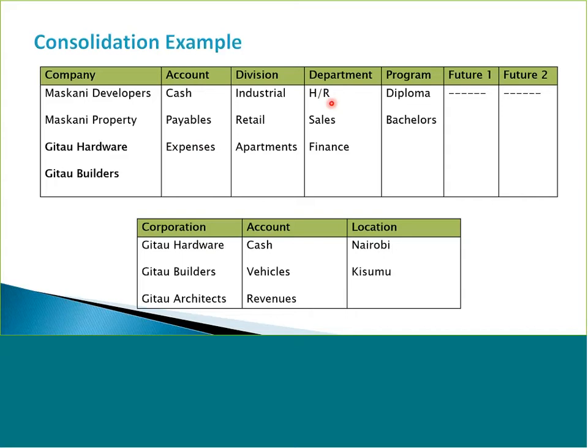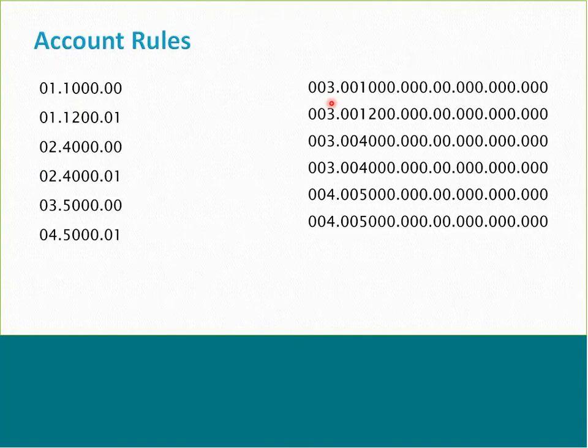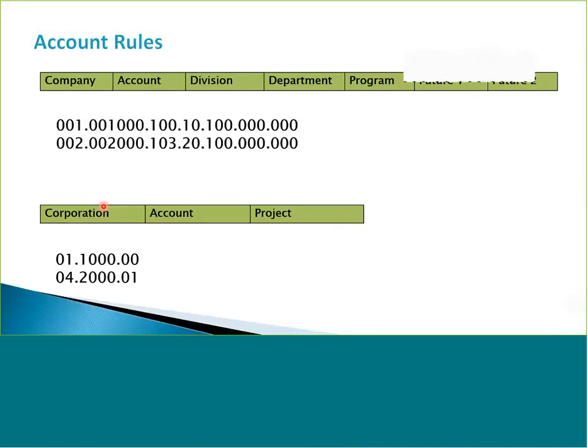Now, I've just remembered something that I wanted to talk about here, and let me go back to the account rules. For the account rules, it's the same example. We have 7 segments here, and we also have 3 segments in the subsidiary. The assumption in this example is that the last segment here is the location segment in our subsidiary.